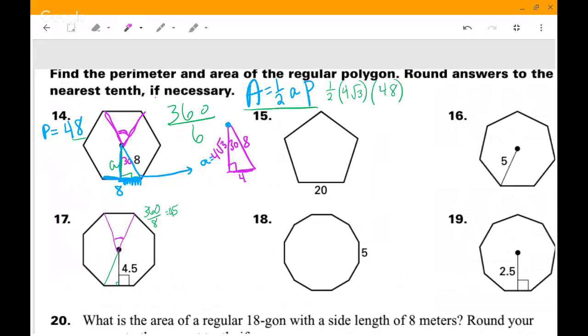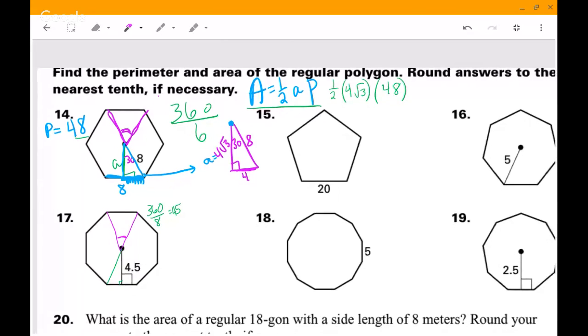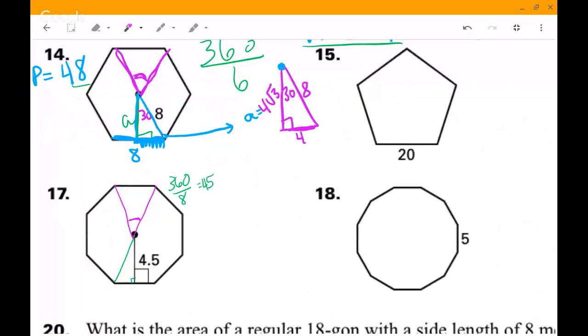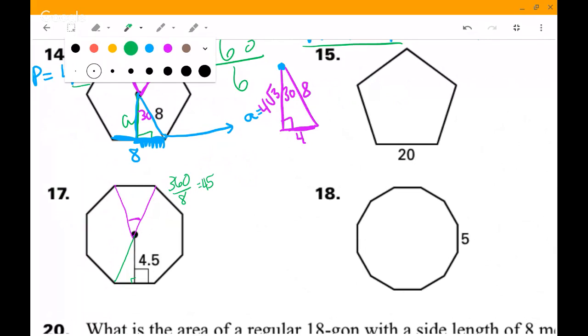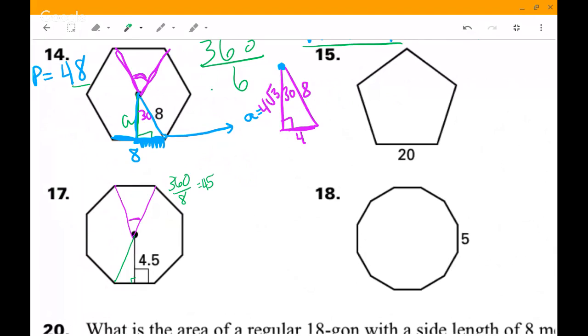That green triangle that we're trying to use, the little right triangle, is going to cut that angle in half. So what's the angle inside that little green triangle? 22.5. Yes.